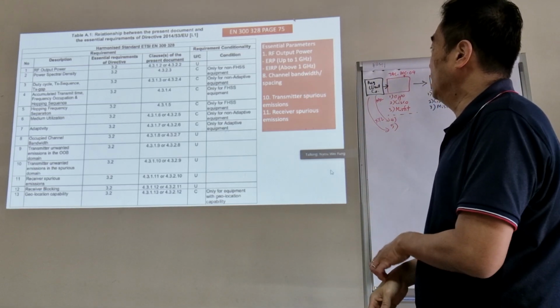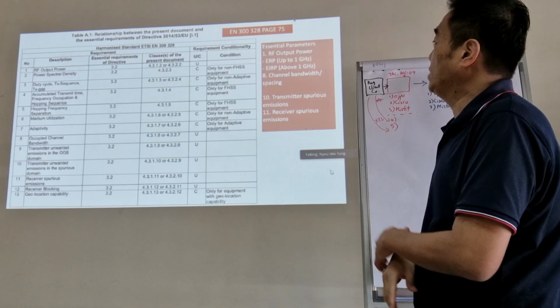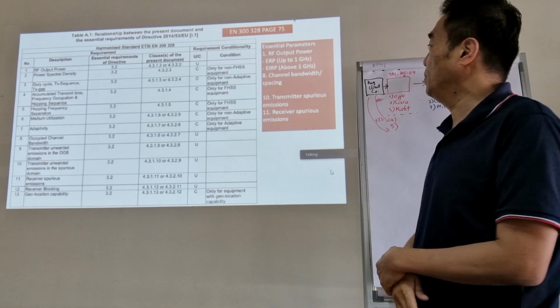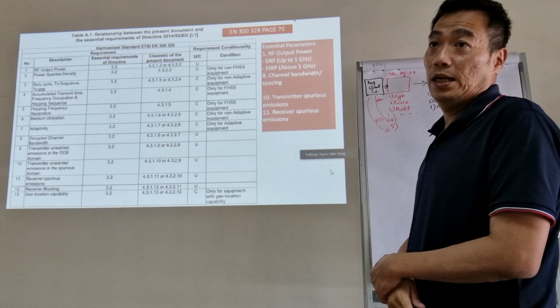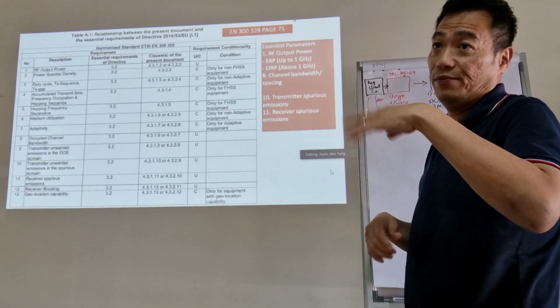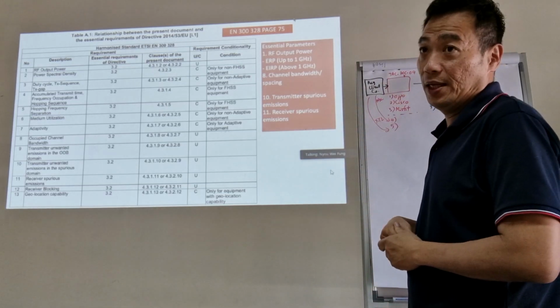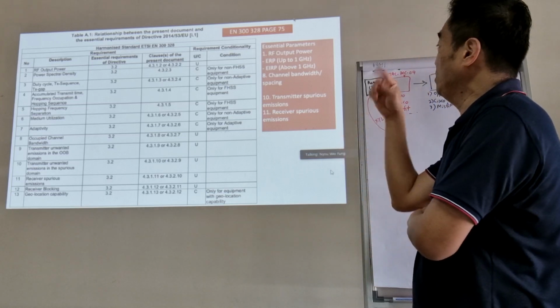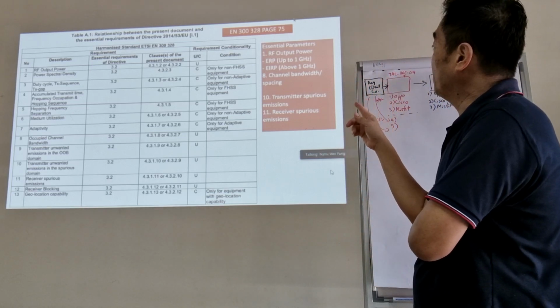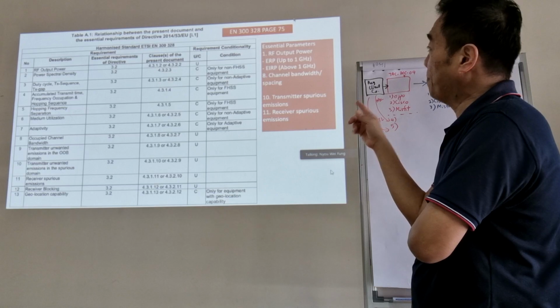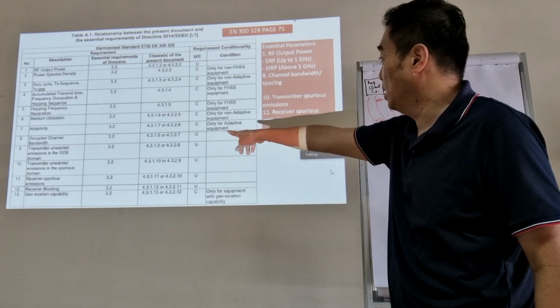That is why we always look at EIRP once it's above 1 GHz, but for lower band frequencies, you look at ERP. How to calculate that? Again, check with the method, under essential parameters number 8.